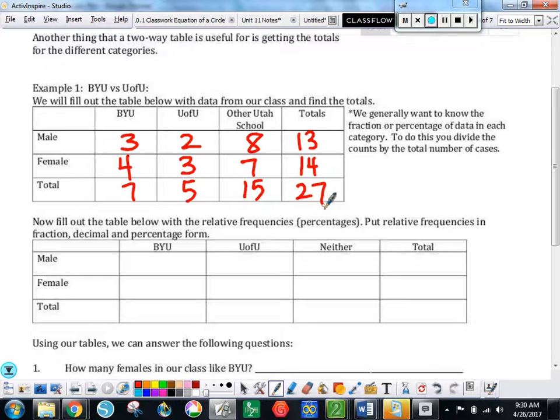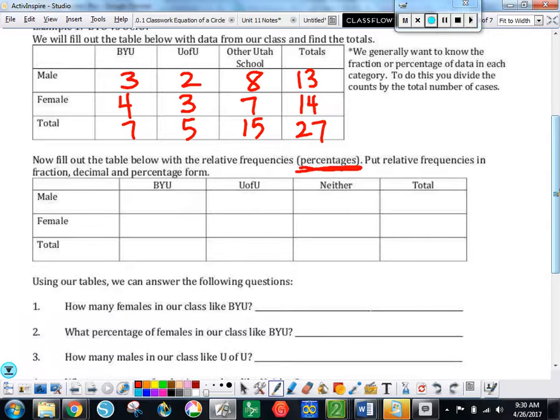Now we're going to fill out the table with the relative frequencies, which are the percentages. We could put relative frequencies in fraction, decimal, and percent form, but let's just put it in fraction and then percentages.